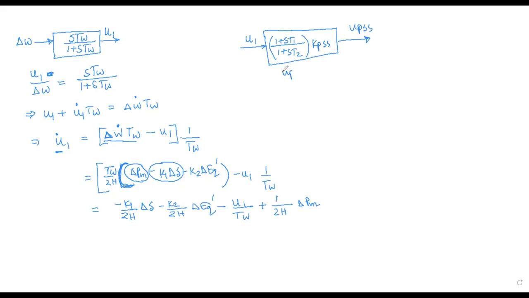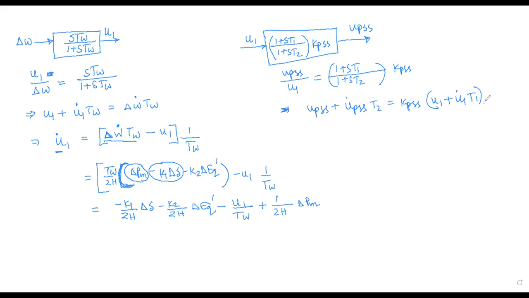So again, you follow the same process. You take the transfer function first, 1 plus ST1 divided by 1 plus ST2 multiplied by KPSS. Then you cross multiply. So it would be UPSS plus UPSS dot T2, equals KPSS U1 plus U1 dot T1.